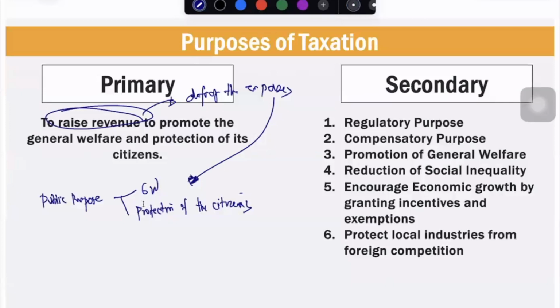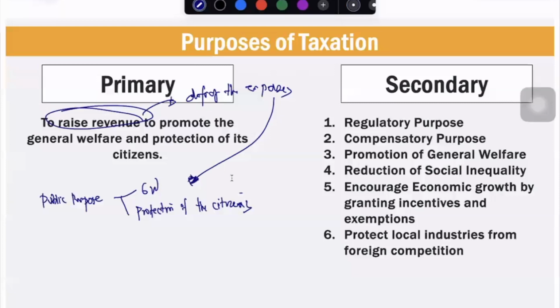So the secondary purpose of taxation is first, regulatory purpose. So what do we mean whenever we say regulatory purpose? It's a means of regulation or a means to exercise the police power. Why so?